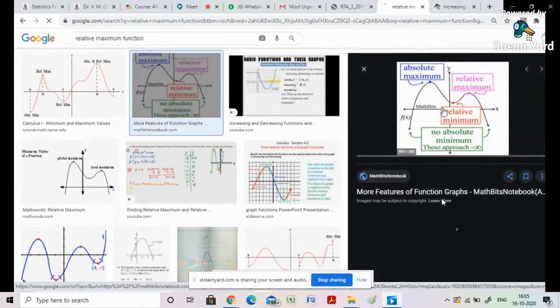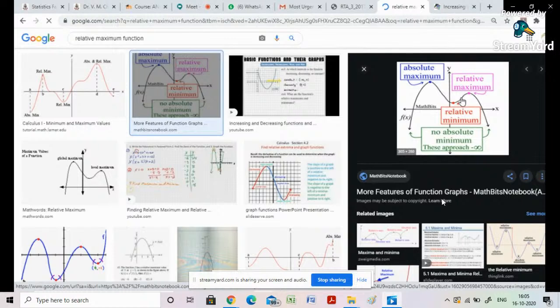In this figure, you can see that the function goes like this and approaches a maximum, and again on the right side it goes down. So in this part you have f dash less than 0, and in this part you will have f dash greater than 0. So this is a relative maximum.